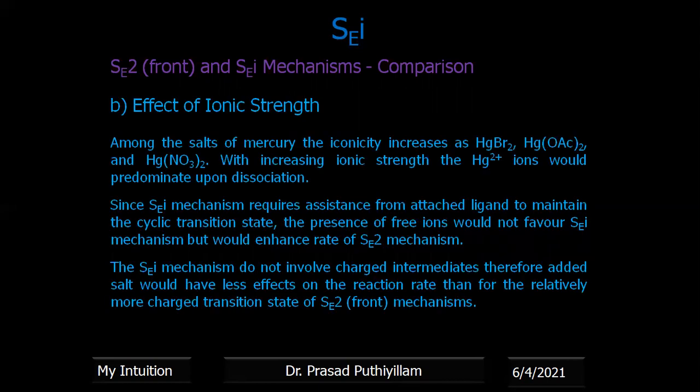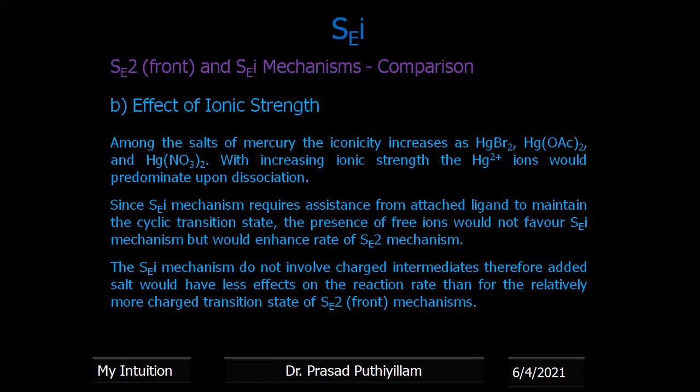Second point, that is effect of ionic strength. If you compare some of the mercury salts like HgBr2, Hg acetate, diacetate, as well as nitrate of mercury, in this manner the ionic nature increases. That means as the ionic nature increases, mercury more freely becomes mercury 2+ ions.